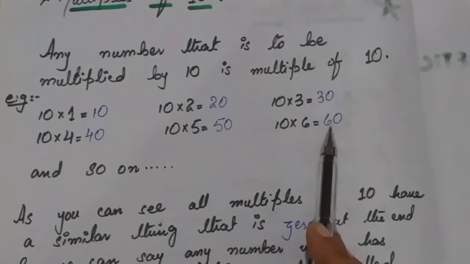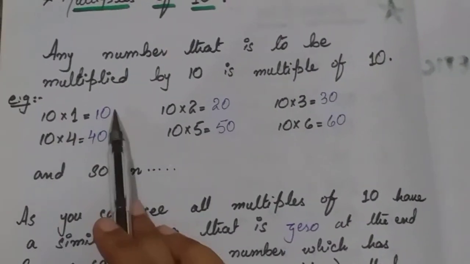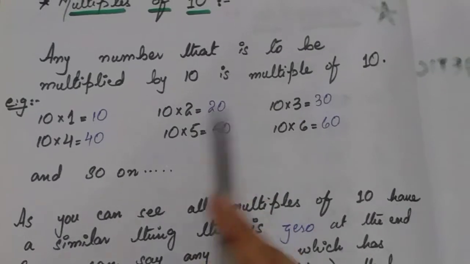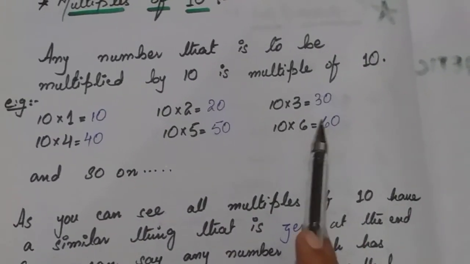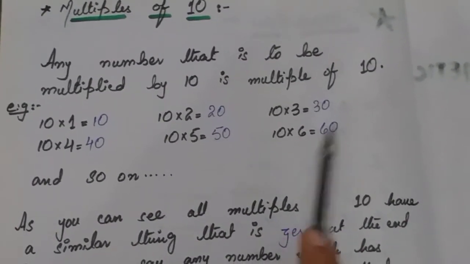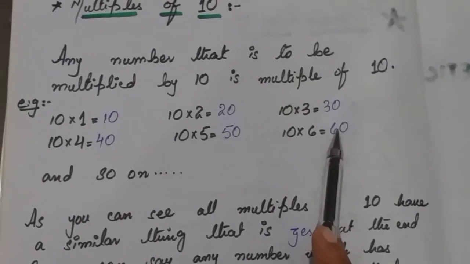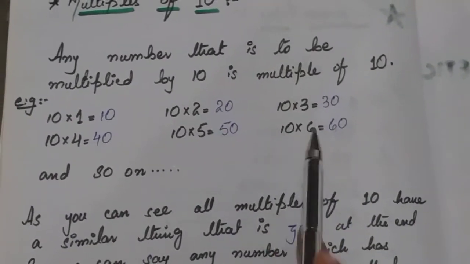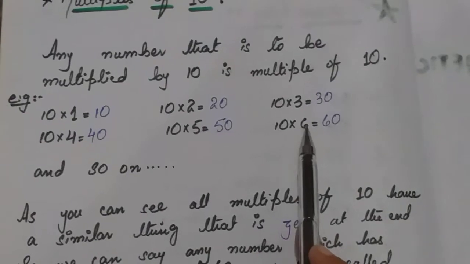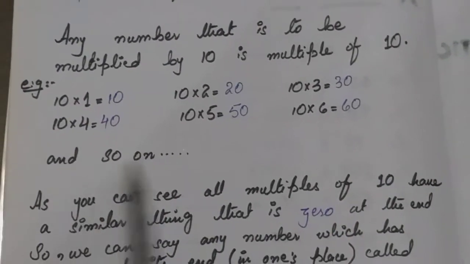And 10 by 6, product will be 60. So these numbers 10, 20, 30, 40, 50, 60 are called the multiples of 10 because these numbers are obtained by the multiplication of 10 with any number, and so on.